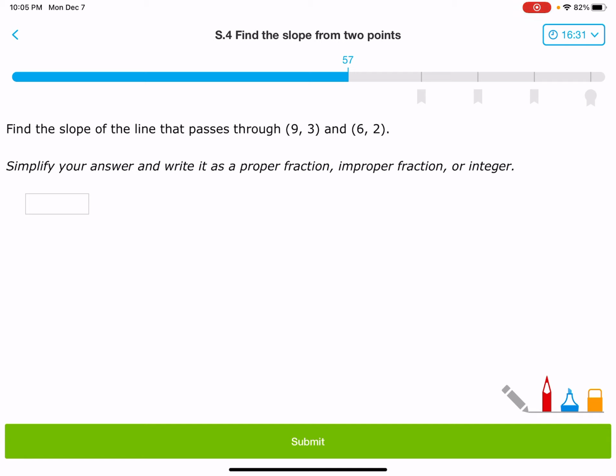We are going to move on, but just a little side note: if you were to graph these 2 points, you would still get the same solution as if you were to use this formula. So if we were to graph 9, 3, and 6, 2. Let's say this is 1, 2, 3, 4, 5, 6, 7, 8, 9, and 1, 2, 3. This is 9, 3 right here. And we have 6, 2.